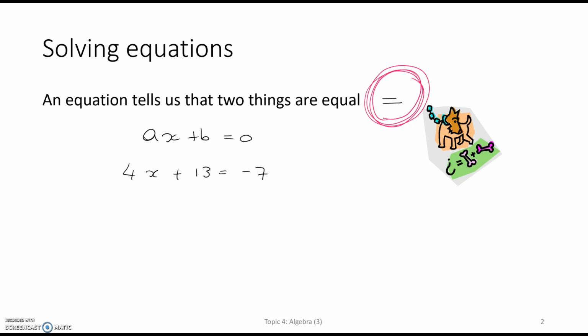There's an example of a similar one, or even another. So to be an equation, it's got to contain something we don't know about. So it's got to have the x in it.